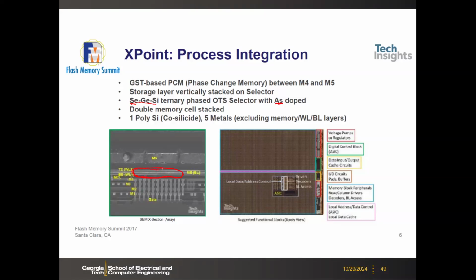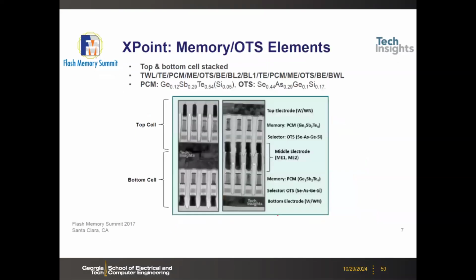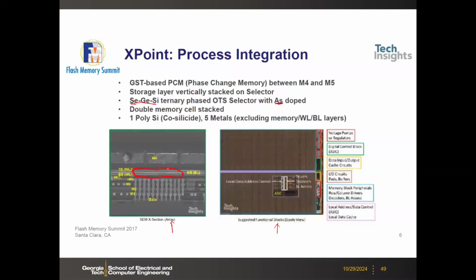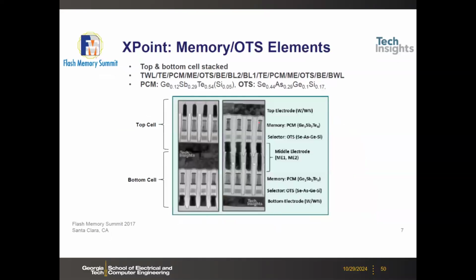It's kind of small, so there's a zoom in. This is the cross-sectional view, and this is the top view of the entire die. If you zoom in to this part, you will see the 2-layer 1S1R. For example, the middle is a shared bit line, and on the top you have the phase change memory and the selector.